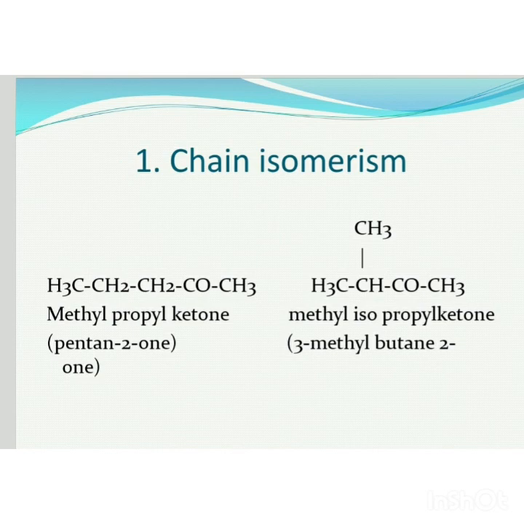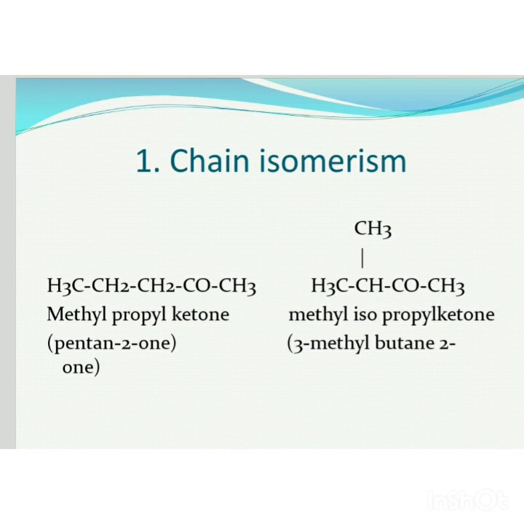We already learned the nomenclature of ketones. Here in this one we have 5 carbon atoms in a straight chain. The second example is methyl isopropyl ketone. In methyl isopropyl ketone, the parent chain has only 4 carbon atoms, so the CH3 group is the substituent.